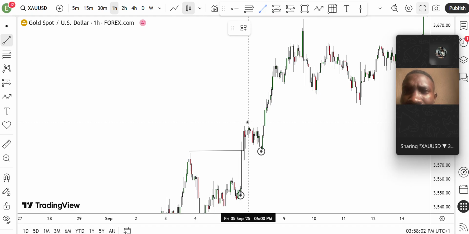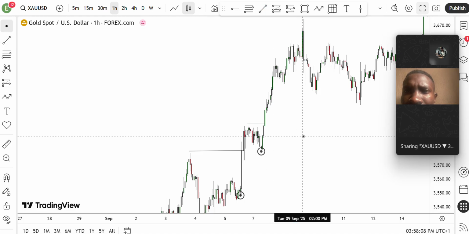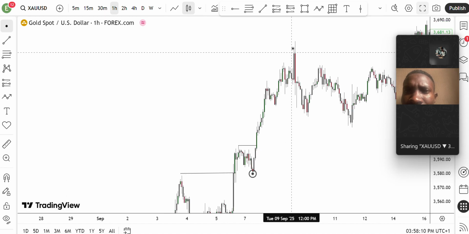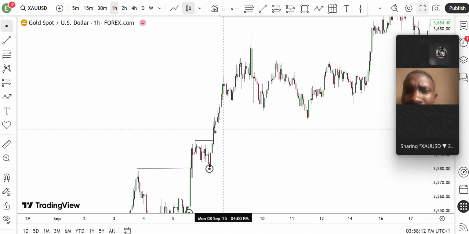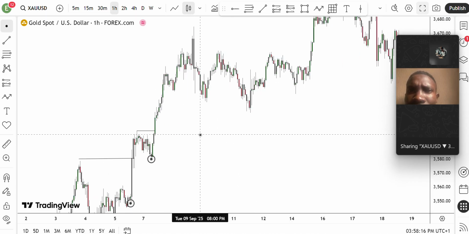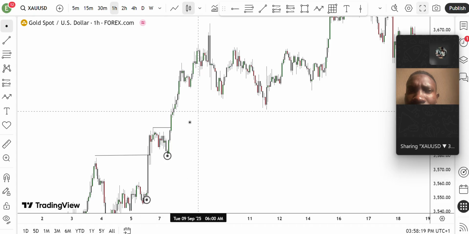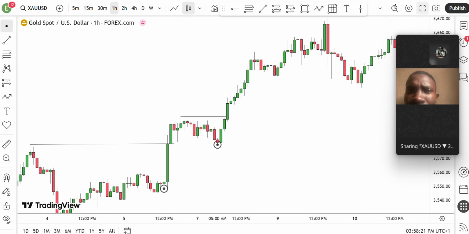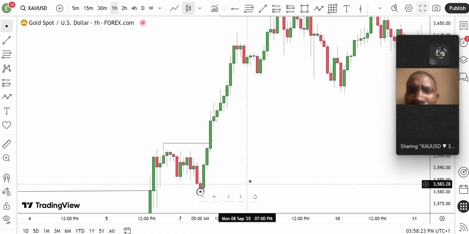This is the low that took this one out. After taking it out, price did not come back to touch it. So there was plenty of imbalance around there.